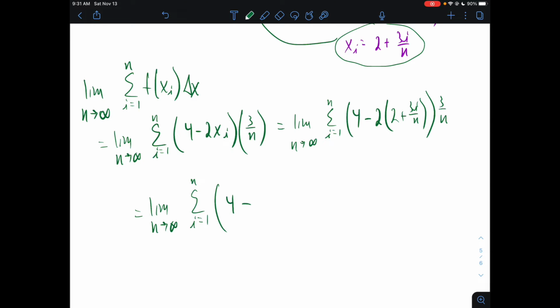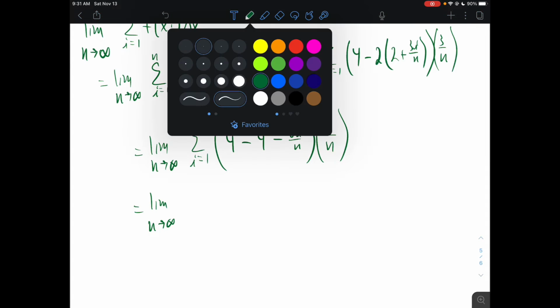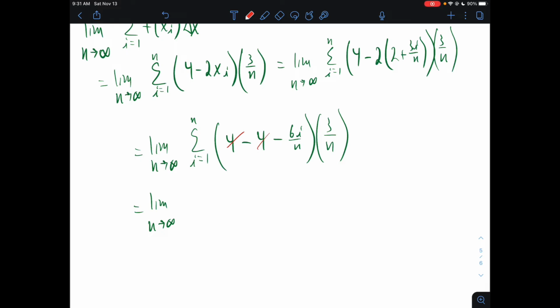So 4 minus 2 times 2, which is 4, minus 2 times 3i over n, which will be 6i over n. I can see that the 4's are going to add up to 0. So I've got negative 6i over n times 3 over n inside of my sum. That gives me negative 18i over n squared.